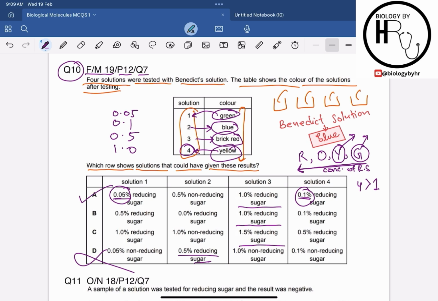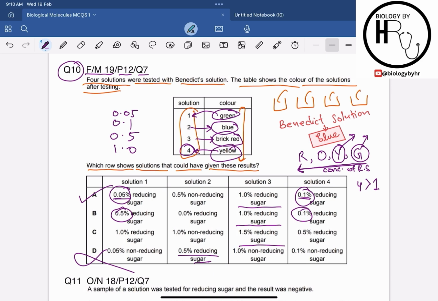If I talk about option B, you can see over here that 0.1 is less than 0.5. It cannot be possible. Why? Because I have already told you that solution 4 is yellow. It means that it has a higher concentration of the reducing sugar than the solution 1. If I talk about option C over here, why is option C not correct?